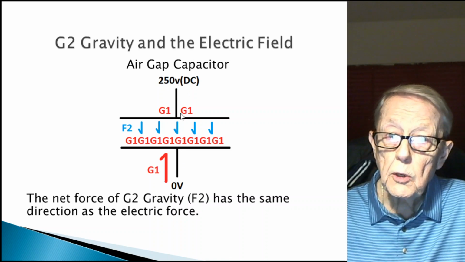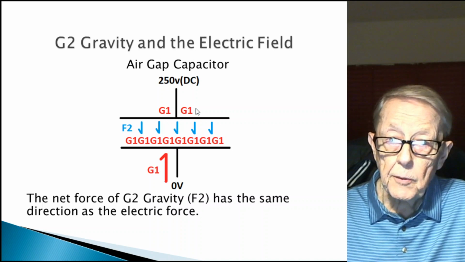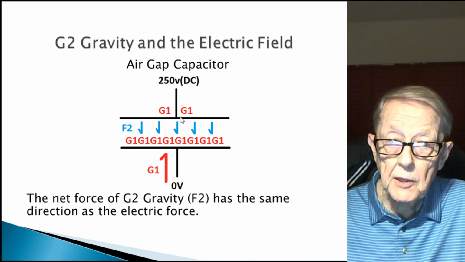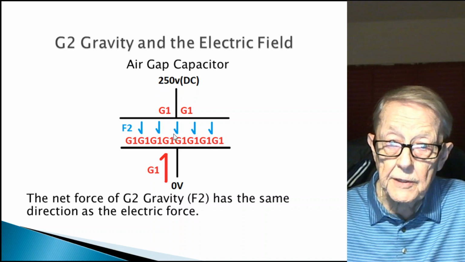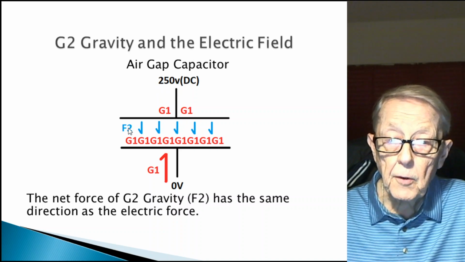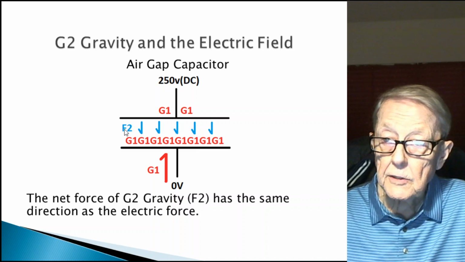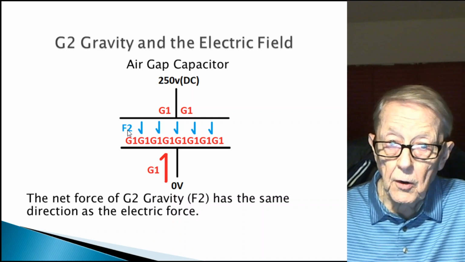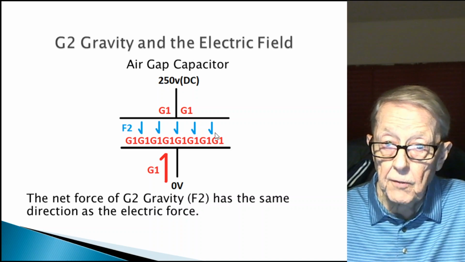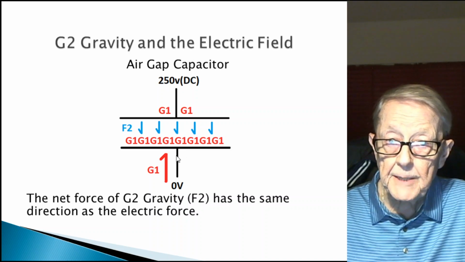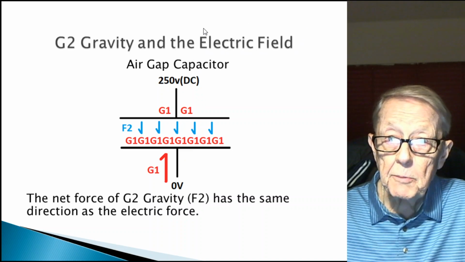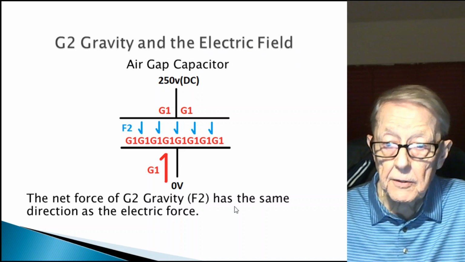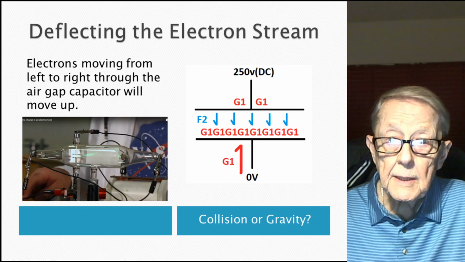Always two competing forces. Because of this imbalance, like the imbalance of the moon and the earth, you get a net force in this direction, and therefore we have what I call G2 gravity, or F2. F2 is the net force. That's what the blue arrows represent. That force is in the same direction as the electric field. Not a coincidence to me.